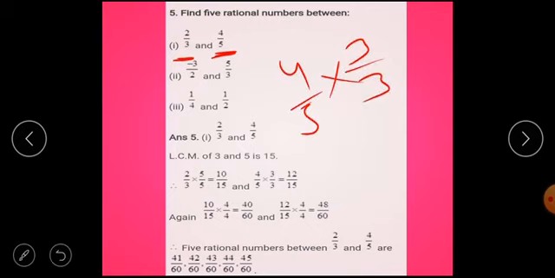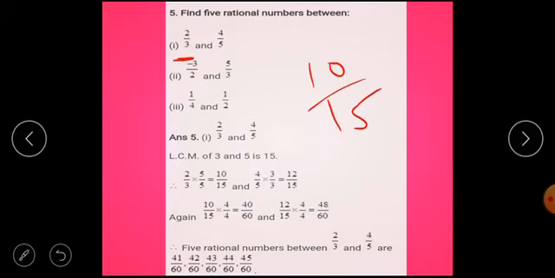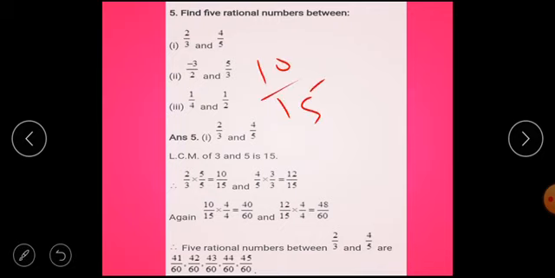Multiply and divide it by 3 so that we get the same denominator. After solving this, I will get 12 upon 15. Now our numbers are 10 upon 15 and 12 upon 15. But as you can see here, between 10 upon 15 and 12 upon 15, I have only one number, 11 upon 15, and we have to write down 5 rational numbers.